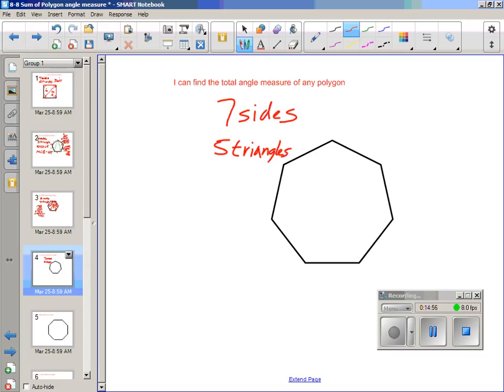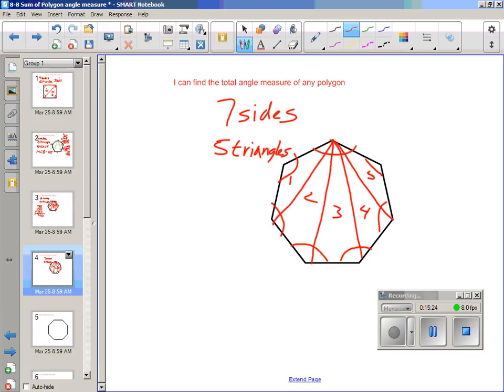Here's 1, 2, 3, 4, and 5. Everybody see that? What's the total angle measure? So if we add up this angle here, this angle here, this angle here, here, here, here, and here, what are all of them put together?